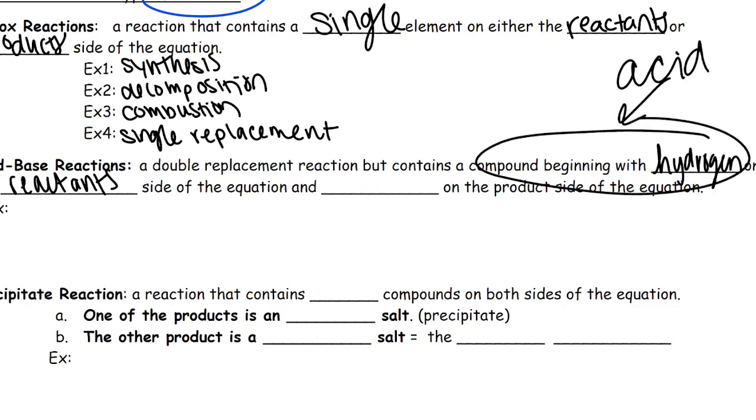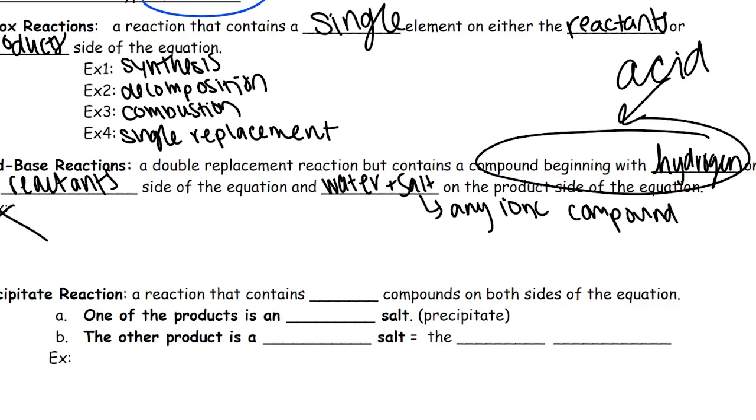We'll see the base part in a minute. And it has water on the product side somewhere. So it would be actually water plus a salt if we want to be more specific. Water plus salt. Remember that a salt is any ionic compound. And then we'll do an example on the next page, so don't worry about that yet.